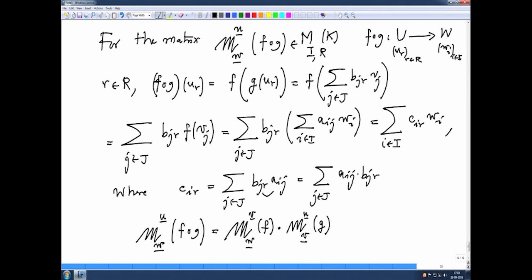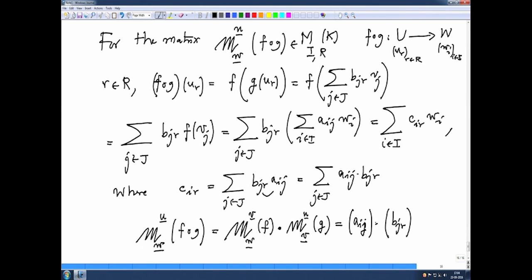I want to define two matrices by this formula. So this was the matrix of F, which was A_IJ, and the matrix of G was B_JR.